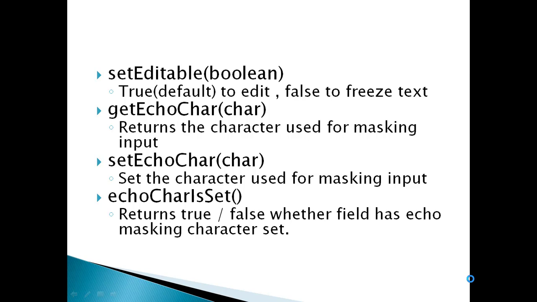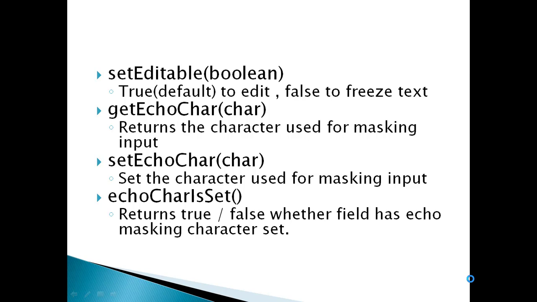Whenever we are typing in a password field, it is shown as a star or dots or question marks. Whatever we type in that field is echoed as that character, which is the character used for masking input.